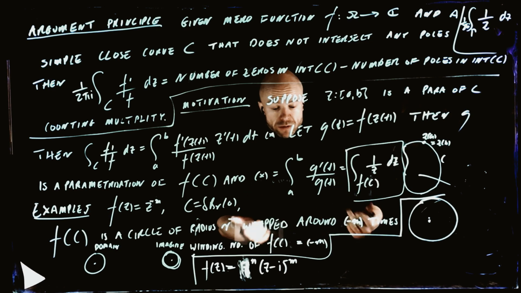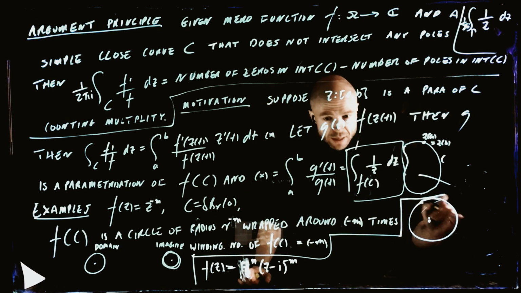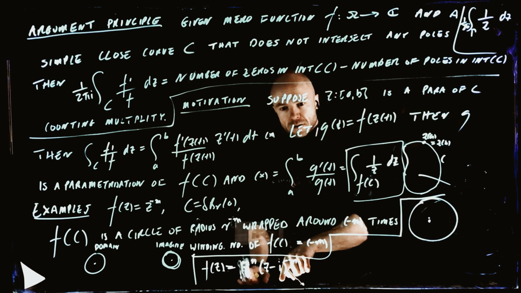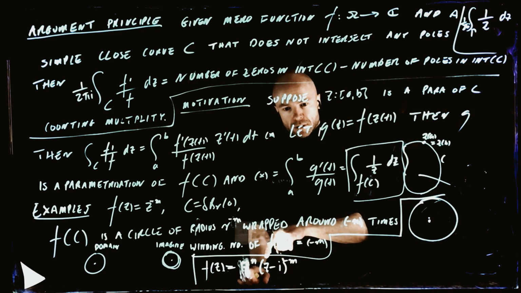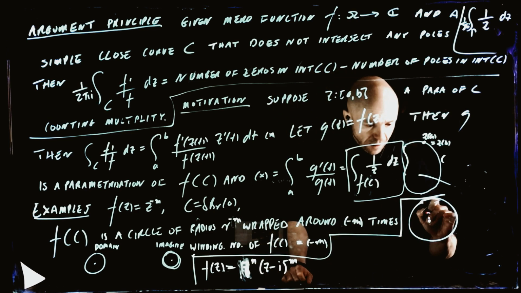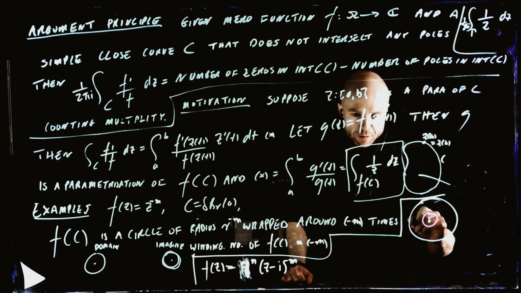But this theorem holds true for any R, so long as we have radius bigger than 1, and we don't cut out this complex number i. This is true for any radius bigger than 1.